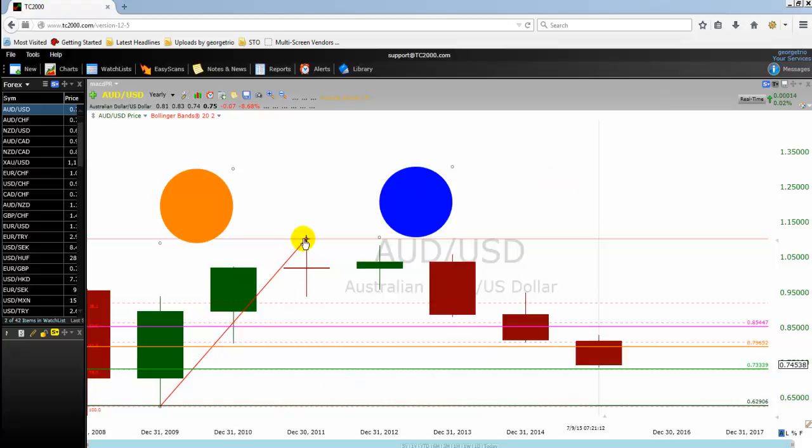If the Chinese economy is doing poorly, the economy of Australia will suffer from it. Therefore, the Australian dollar will start going down in comparison to the US dollar, and this pair is likely to go down if the Chinese economy is in recession. It makes sense?